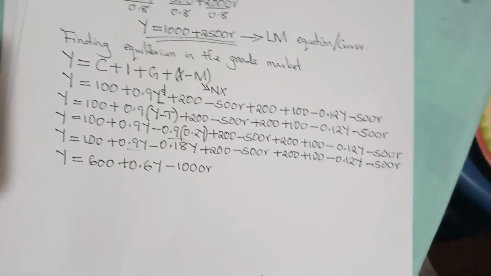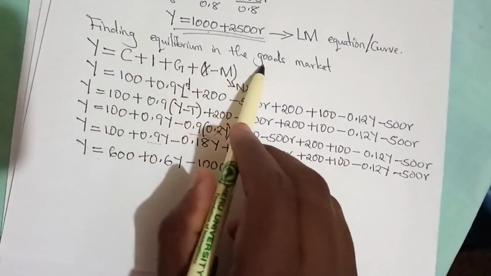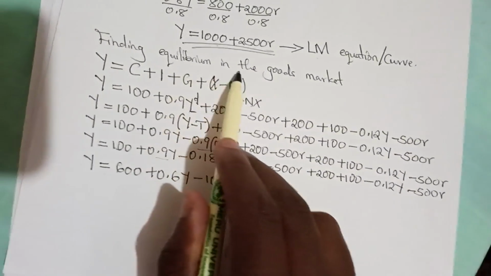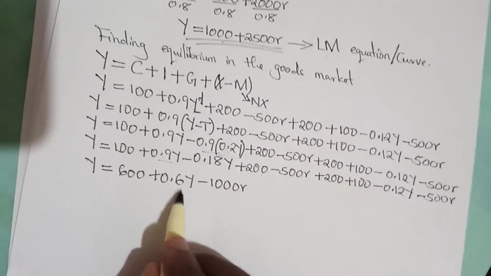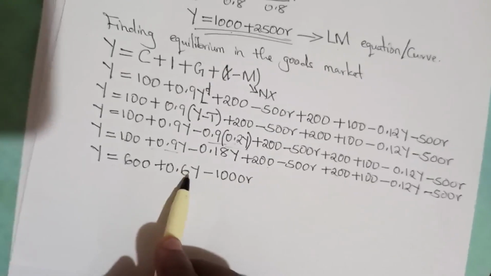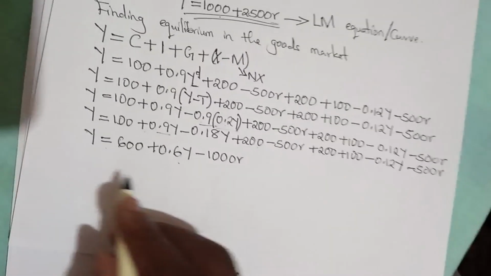Now after that, remember we are deriving another equation, the equation when there is equilibrium in the goods market. So we have this equation after collecting the like terms together. Now you can take this 0.6Y to the other side so that you can group Y's together.